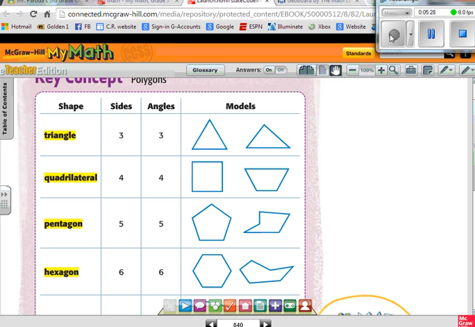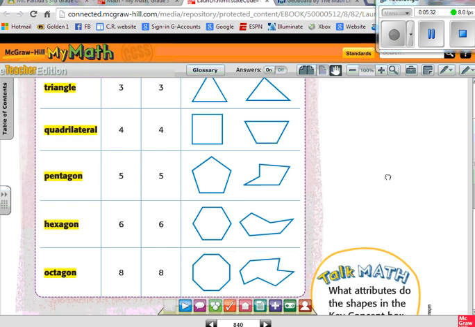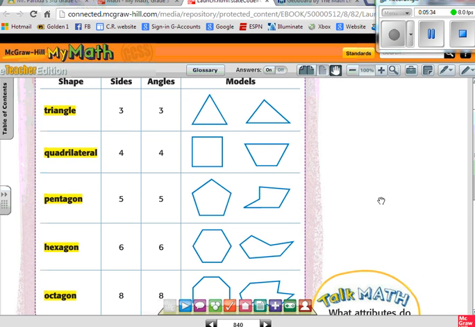Okay, this is a polygon chart. This is what you're going to need. If I have 3 sides and 3 angles, what am I? A triangle. If I have 4 sides and 4 angles, it's a quadrilateral. Quad means 4. That could be a square or any shape that has 4 sides. What else has 4 sides?